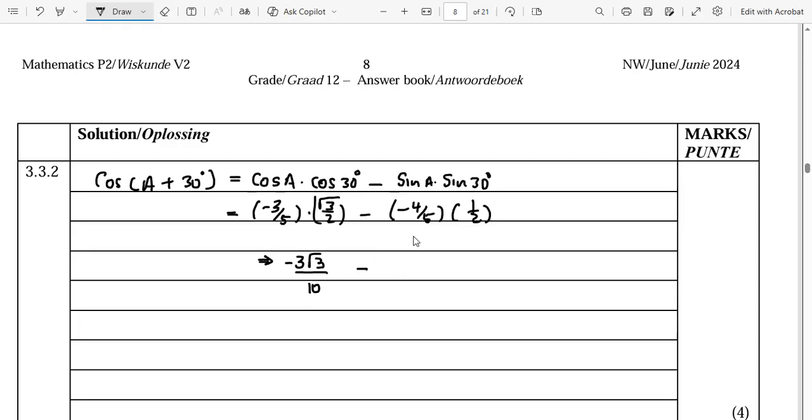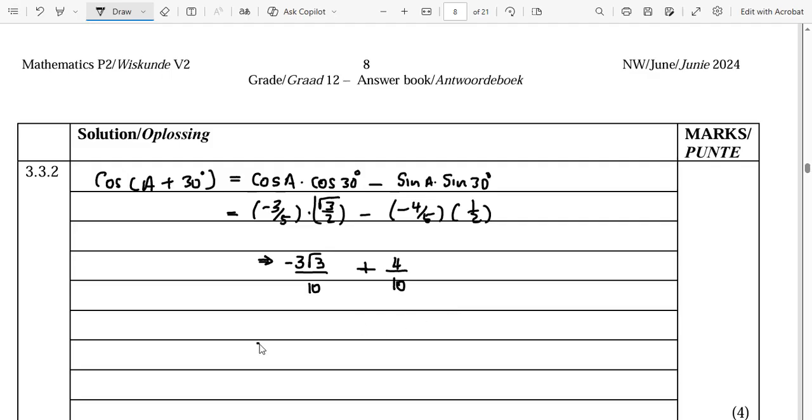Then minus 4 times 1, that's minus 4 over 10. So basically this will be positive because the negatives cancel, which gives us 4 over 10. Right, so now the denominators are the same.